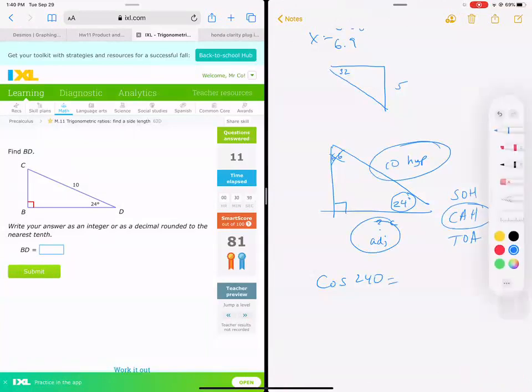I don't know why I wrote 240. Cosine 24 is equal to adjacent C over hypotenuse 10. SOH CAH TOA: 10 cosine 24 is equal to C. And that's calculator work.